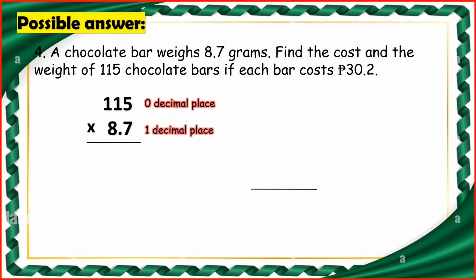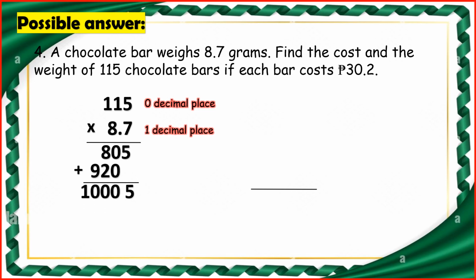We will multiply first 115 by 7 and the answer is 805. Then let us multiply 115 by 8. The answer is 920. And then we will add to find the total weight of the 115 chocolate bars. So 805 plus 920, the answer is 10,005.